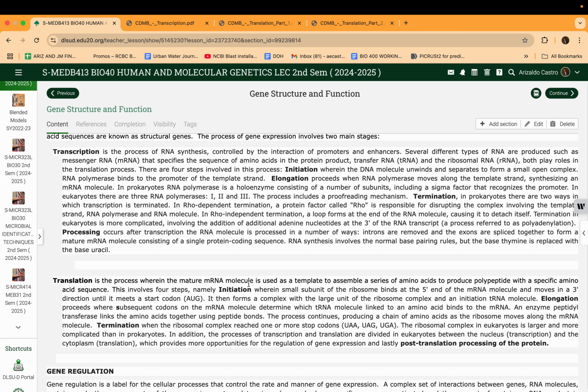The process is controlled by structural units within a gene or an operon called promoters, enhancers, or other types of regulators.